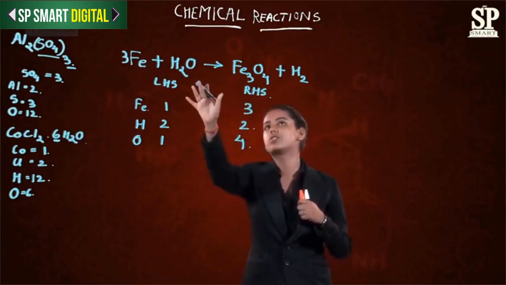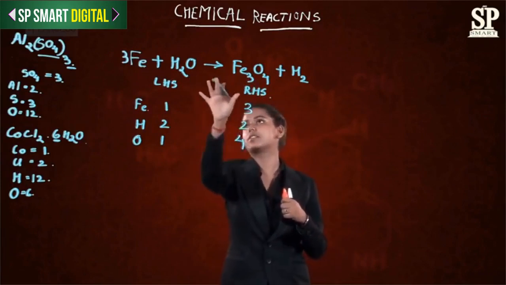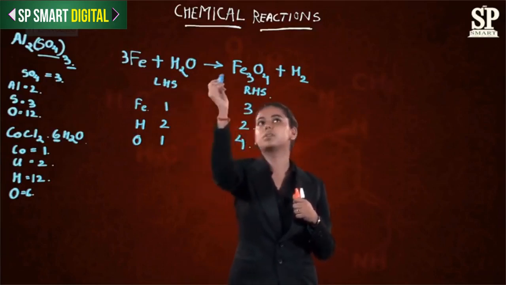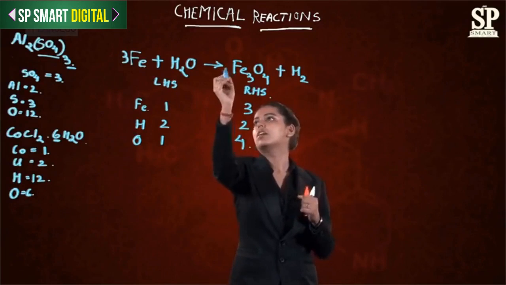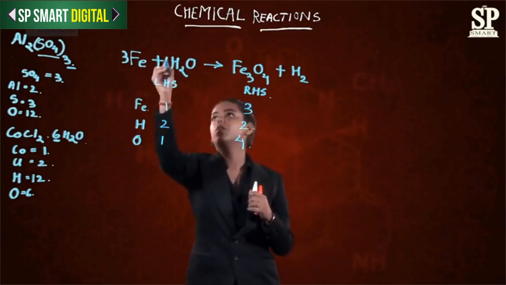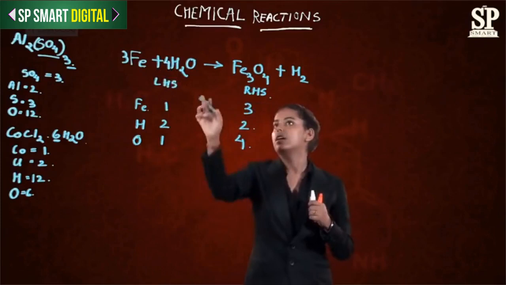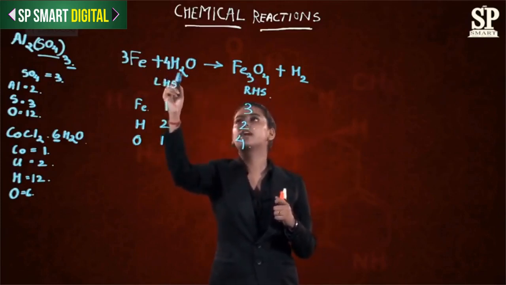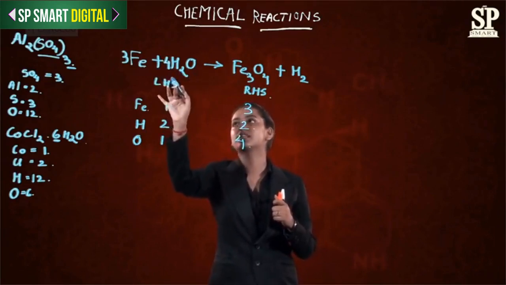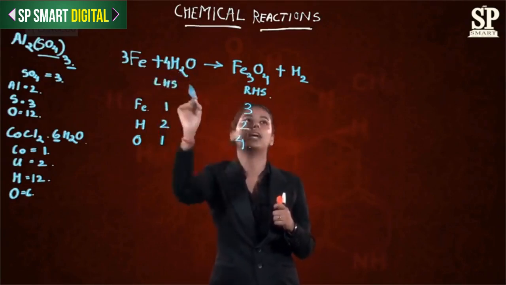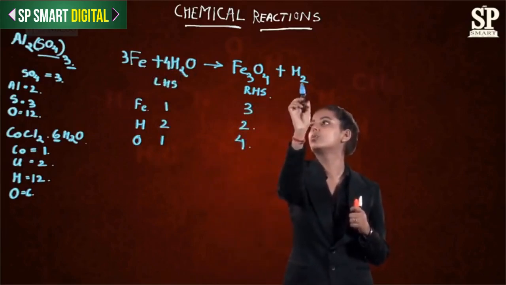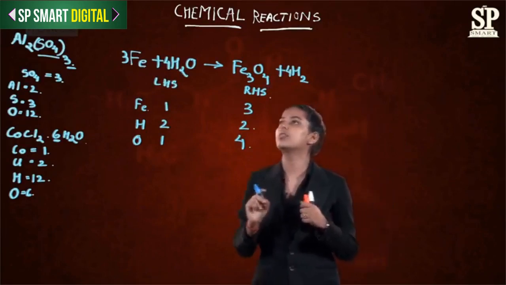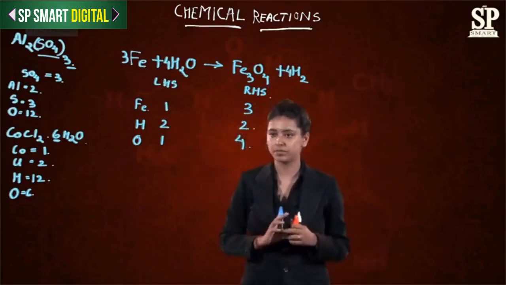Now when we see oxygen, over here it is 4 and over here it is 1. What we will do is add 4 on the left hand side. Now oxygen is balanced, but on balancing oxygen we can see that the hydrogen atoms on the left hand side have increased. Now it is 4 into 2, 8. On the other hand it is 2 on this side. So we will add 4 over here. And now this is the balanced equation.